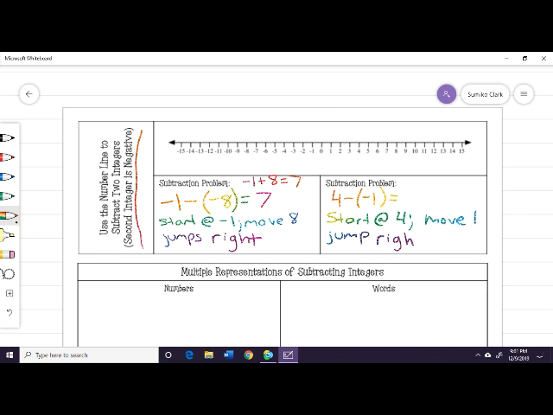So 1 jump right. So we'll start at 4, 1 jump right, lands us on 5. And if we wanted to combine these into a plus sign, we'd see that it is true as well. 4 plus 1 equals 5. However your brain works, that's how you do it.